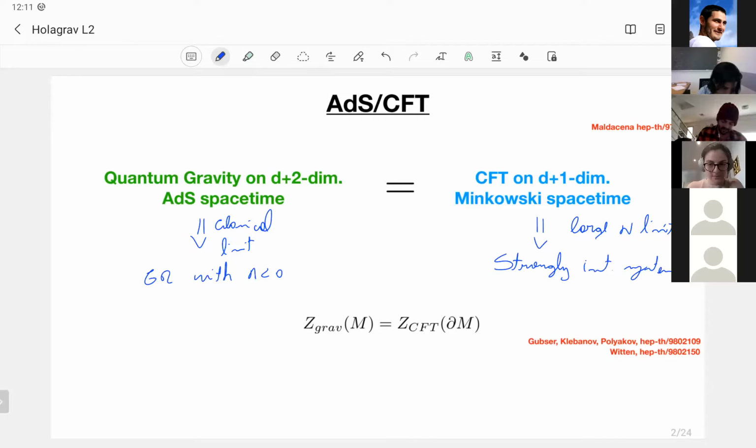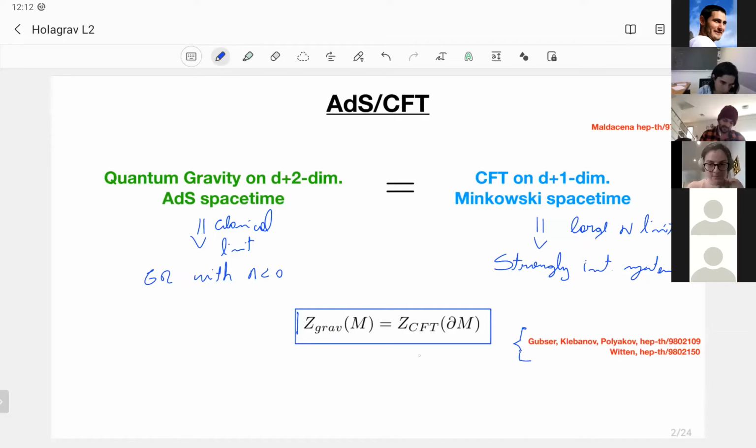But the thing that we are going to use is this relation between the partition functions of the two theories. It says that the partition function on the gravity side on a manifold M is equivalent to the partition function of the CFT on the boundary of this manifold M. This was studied by these people.